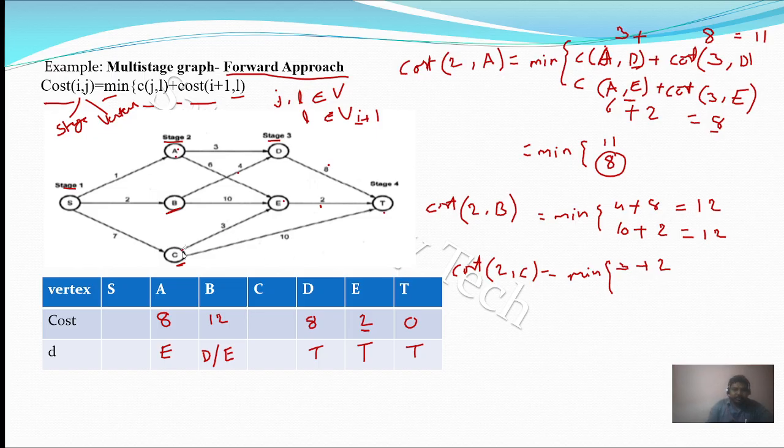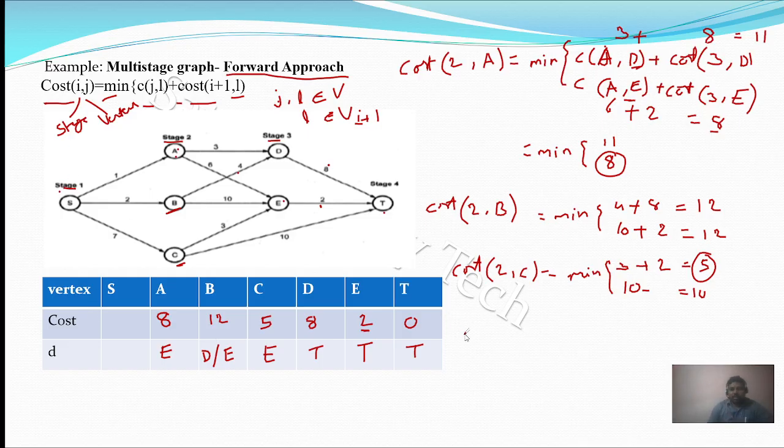And next C to T, that is 10. So here it is 5, here it is 10. Which is the minimum? 5 is the minimum. In C, 5 is the minimum. Okay, via which vertex? Vertex E.